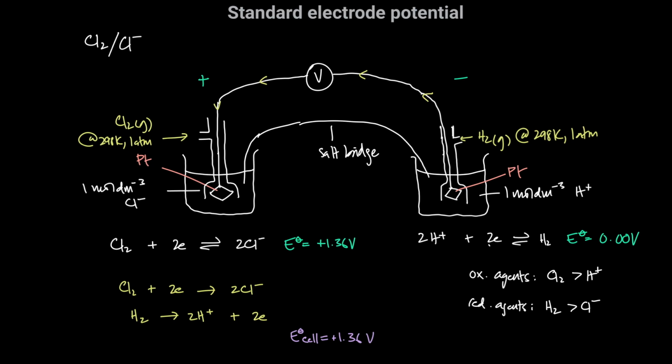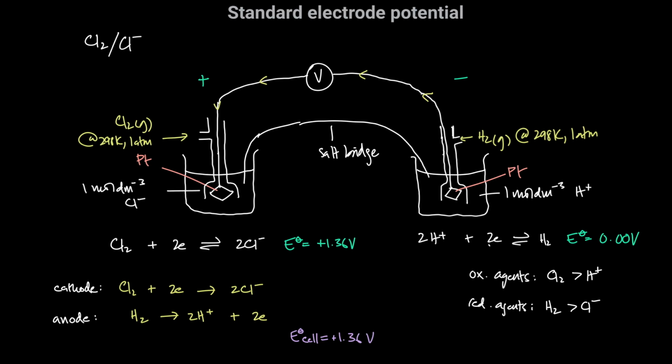Here, obviously, our cathode is the chlorine electrode, this platinum electrode in the chlorine chloride half cell, and that's where we have reduction taking place, accepting electrons, gain of electrons. The anode is where oxidation takes place, that's our standard hydrogen electrode.